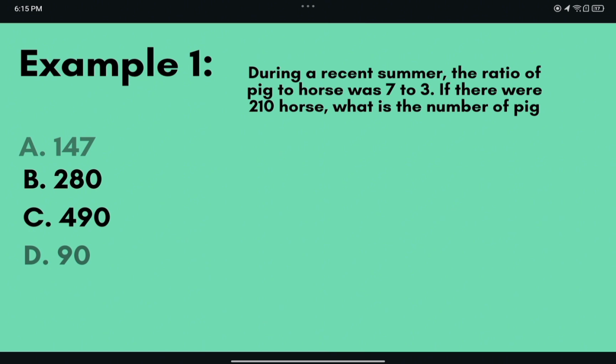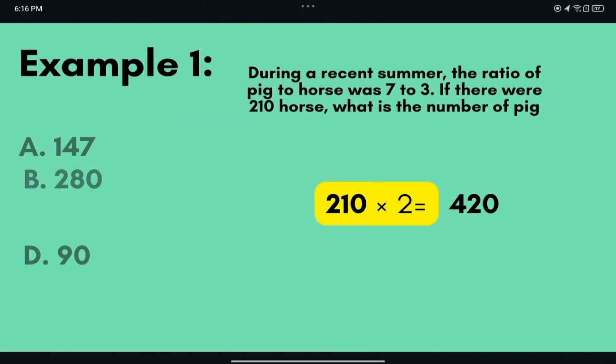So 210 times 2 equals 420. So, yung letter B, eliminated na siya kasi mababa siya dun sa naging sagot natin, kasi dinoble natin eh.